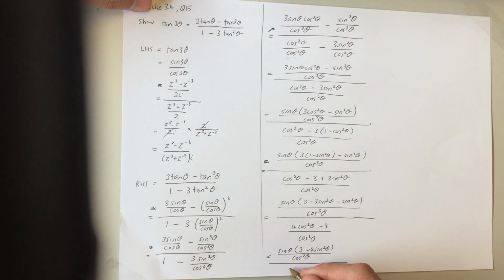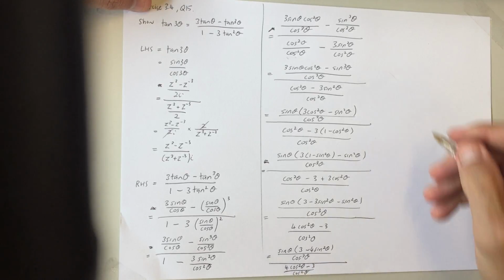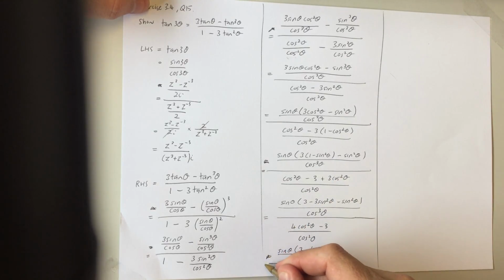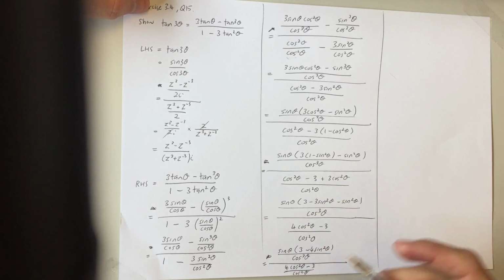Hopefully you can see down there. 4 cos squared theta subtract 3. All right. Now, we've got a fraction divided by a fraction, so we can simplify further. So let's multiply by the reciprocal.